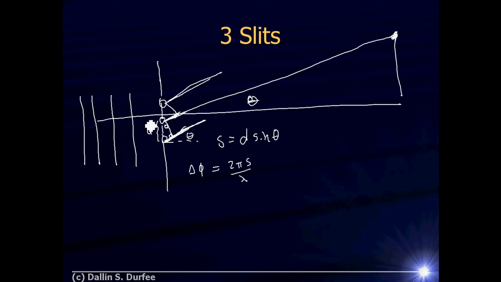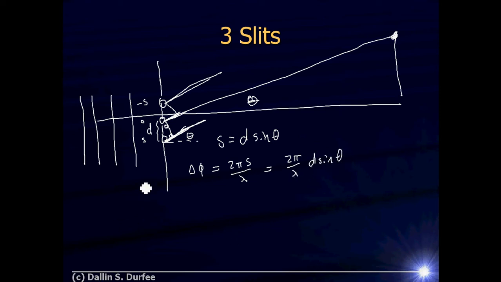Relative to my middle slit, this one has to travel a distance s, but this one travels a distance s shorter, and so they get phase shifted by 2 pi s over lambda, where s, of course, is d sine theta.